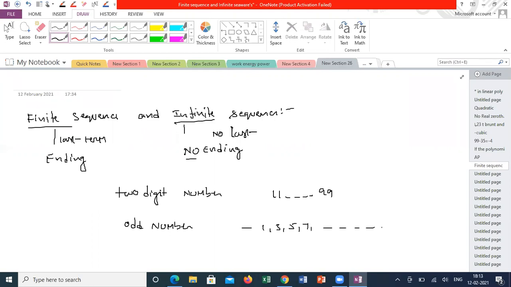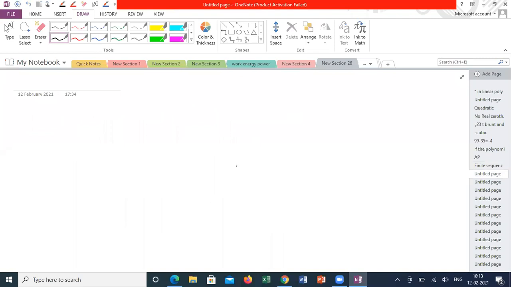List of natural numbers: finite or infinite? Infinite: 1, 2, 3, and so on. List of the first 10 natural numbers? Finite, sir. Multiples of 6 within 100? Finite, sir. After this, there are some numericals based on this.